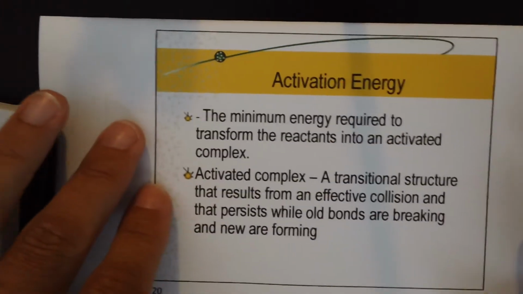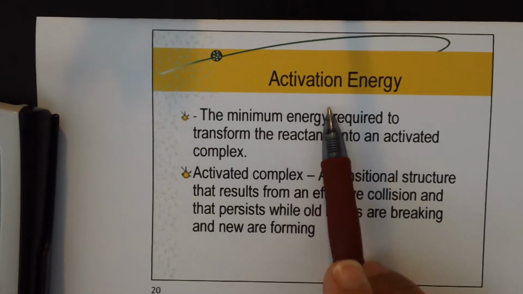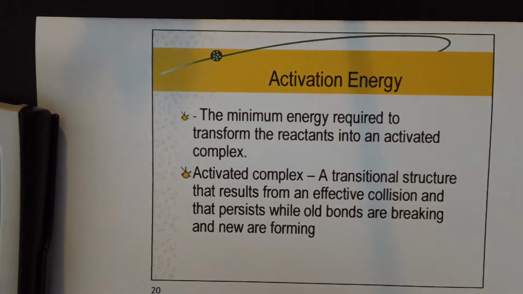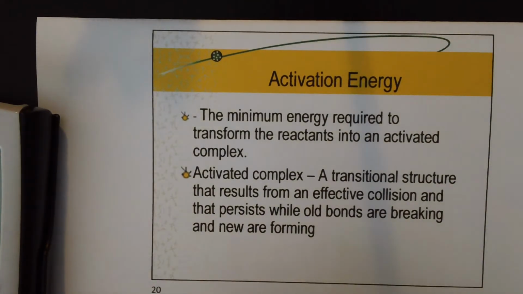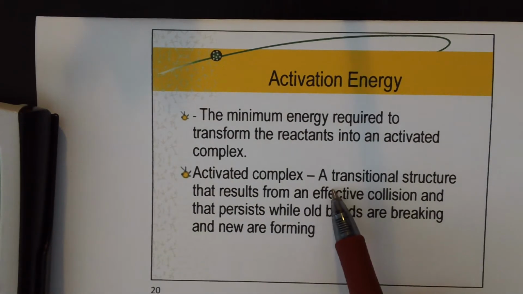The energy that's required for those guys to react is called activation energy. It's the minimum energy required for the reactants to reach what we call the activated complex. The activated complex is the moment those guys run into each other and start to reorient their bonds.